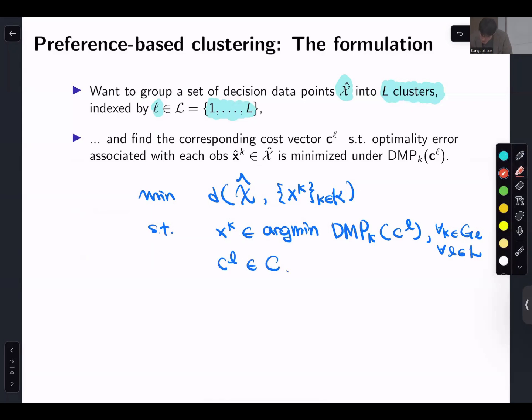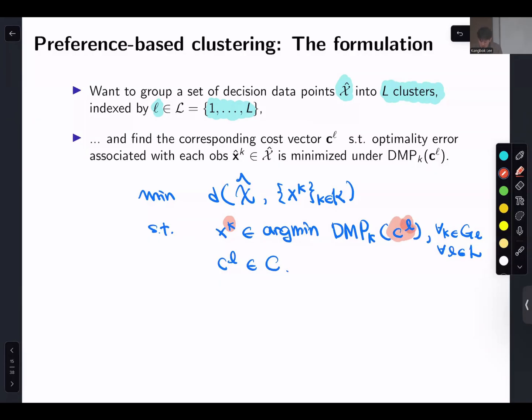Okay. So what am I doing? I am basically assigning decision maker k to cluster l by tying them with the cluster-specific c_l.